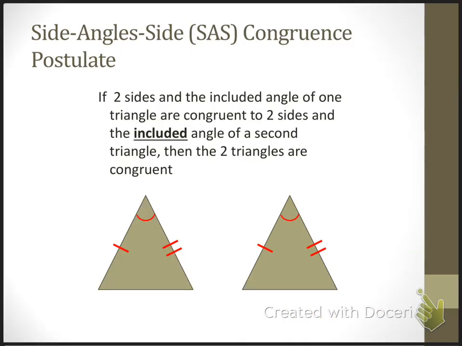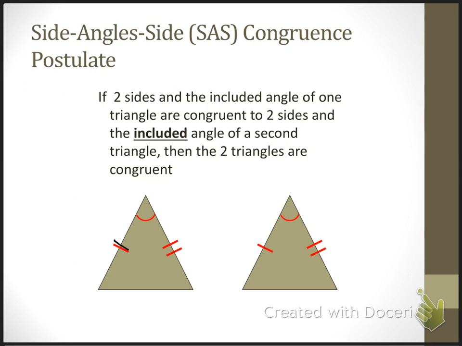Okay, the next type is called the side-angle-side congruence postulate. It says if two sides and the included angle, the angle that's in between the two congruent sides, of one triangle are congruent to two sides and the included angle of the second triangle, then the two triangles are congruent to each other.